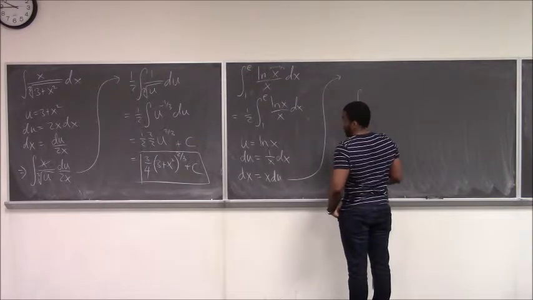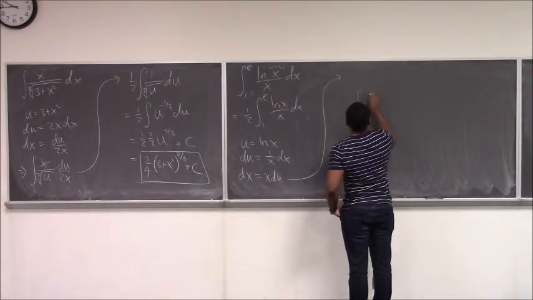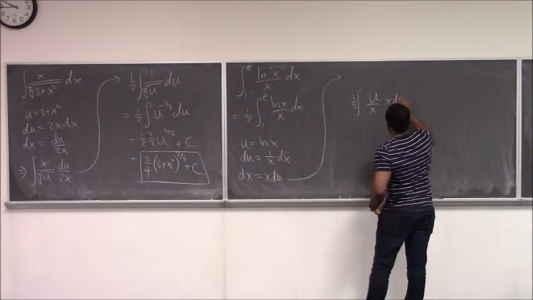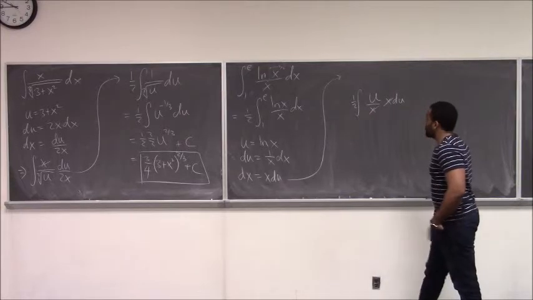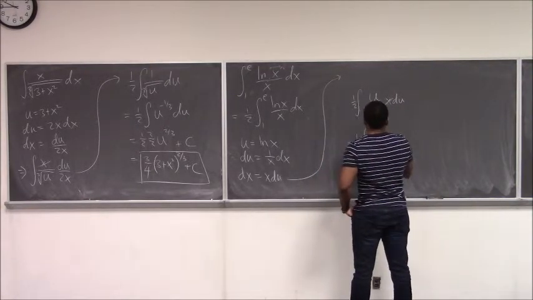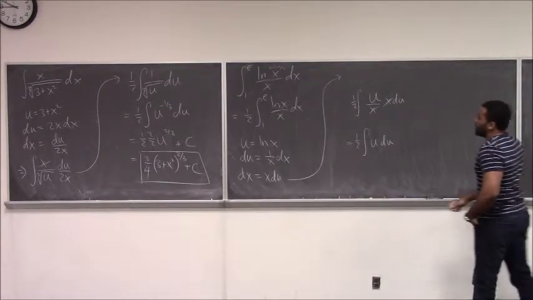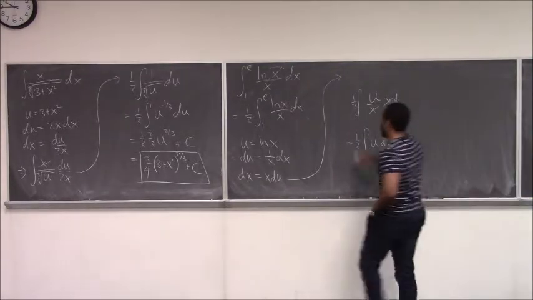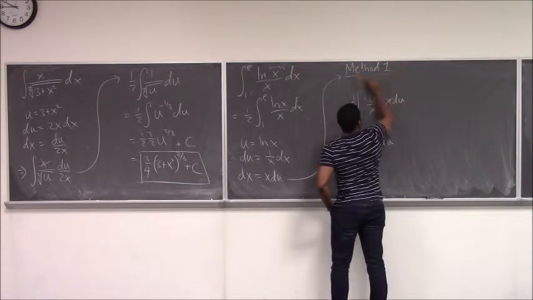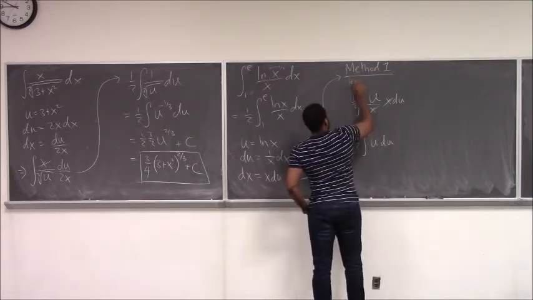So this will be u, so 1/2, so x u, this will cancel. 1/2 du. Couple ways you can think about this. So method 1, it's basically to keep the old limits.